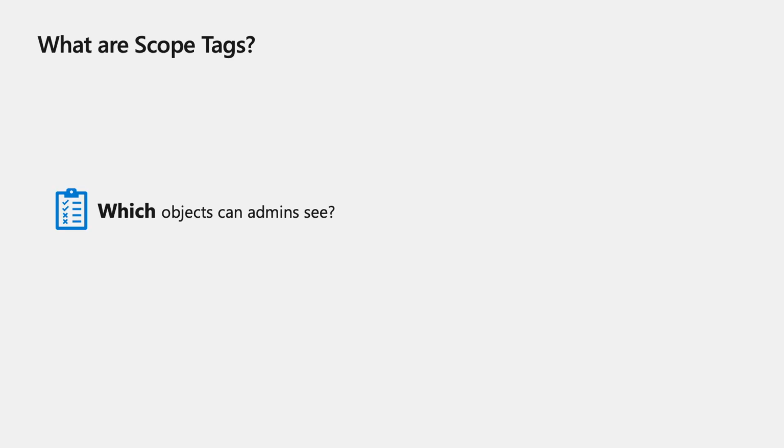So now let's talk about scope tags. We just talked about the three questions that RBAC answers. A scope tag answers the question of which objects admins can see, and hence also which objects admins cannot see. So going back to our previous example, we want help desk operators to be able to access devices of only the finance department. To achieve the same, we would define a scope tag named finance.